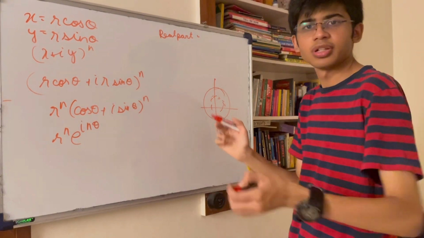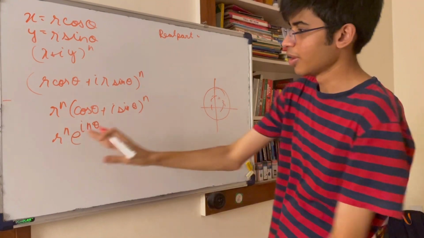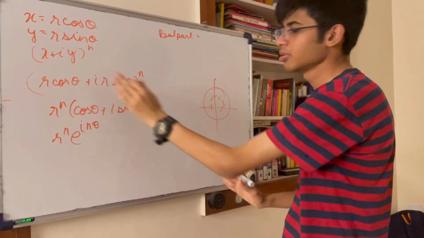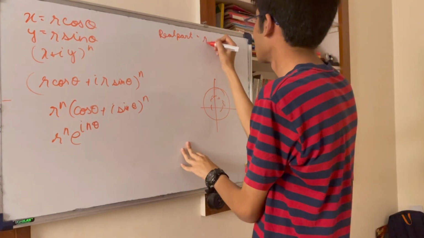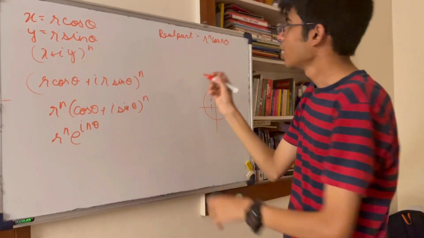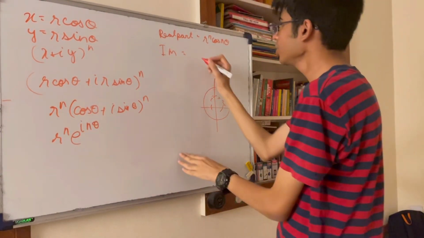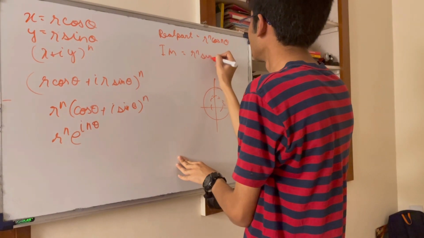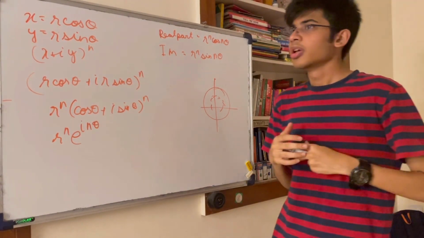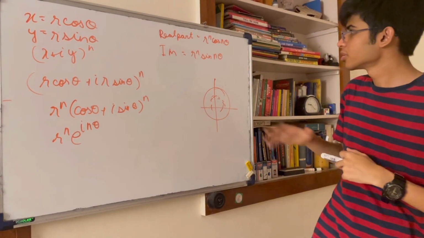So can you guess the real part? Yes. So the real part would be, if you multiply r^n with this, r^n cos n theta. So r^n cos n theta, and the imaginary part would be r^n sin n theta.